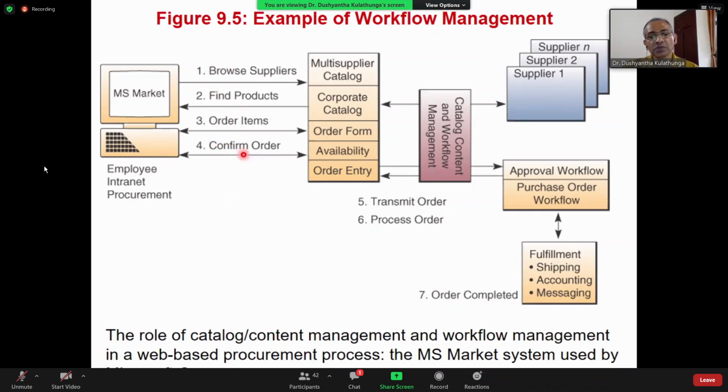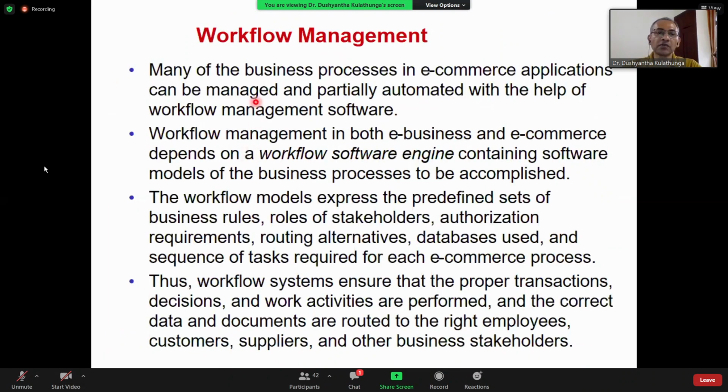That is why I said workflow is a collection of tasks which we perform with the intention of achieving certain objectives. And those tasks are repeatable, indicating they will be performed by the organization again and again.